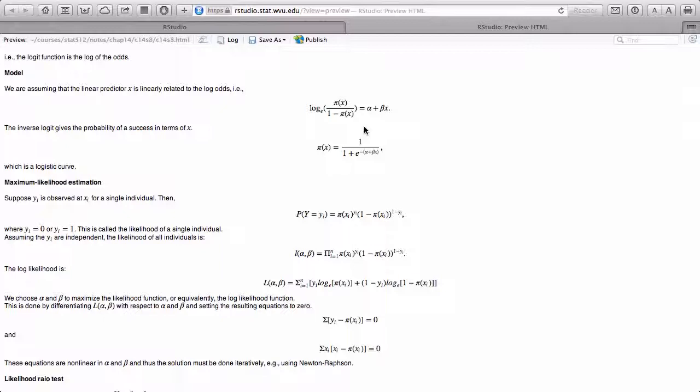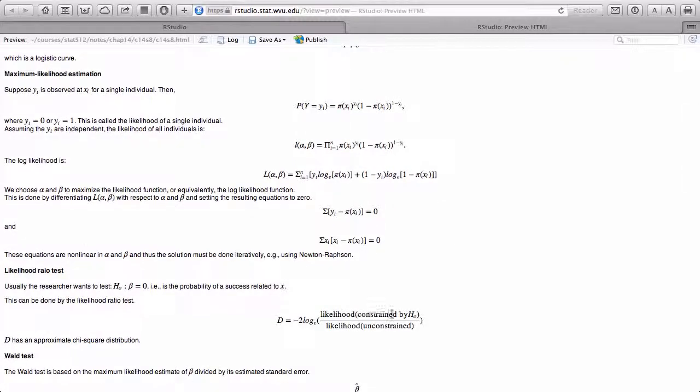And under the alternative, the log odds is alpha plus beta x. So the likelihood constrained by the null has beta not in it, only alpha. I have the log of the ratio, but the log of the ratio will be the difference in the logs. It'll be the log of the top minus the log of the bottom.